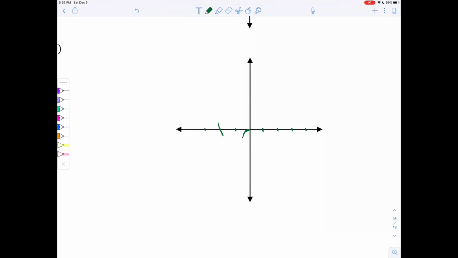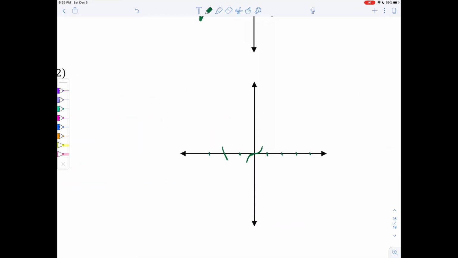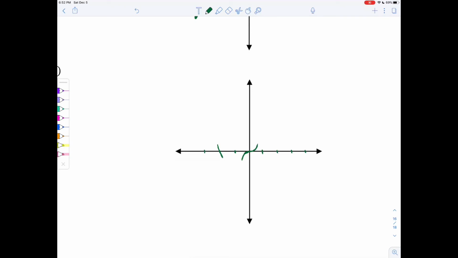So from negative to positive. And then at 4, we go positive to positive. Oops, I'm good. 1, 2, 3, 4, so positive comes in and then goes to positive. And now we're going to connect all these.